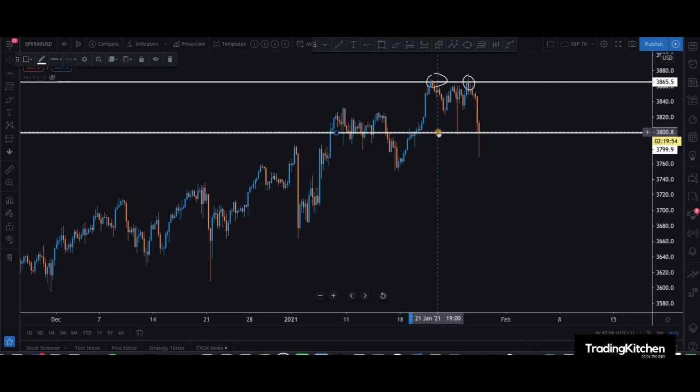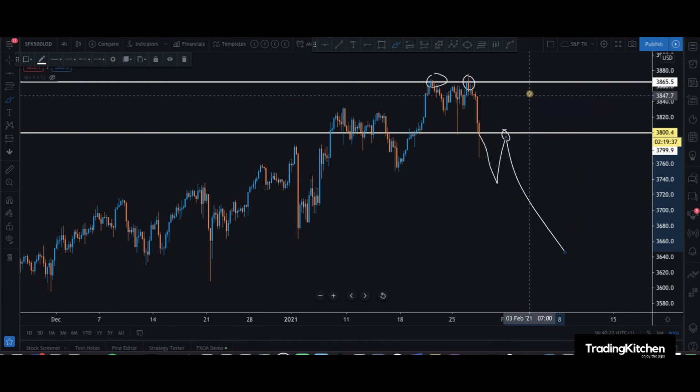And what we see, if price now goes in this direction, then we are looking for a short here. This is the breakout point on the neckline. And I'm pretty sure that this neckline is a key level, because price reacted so many times here.